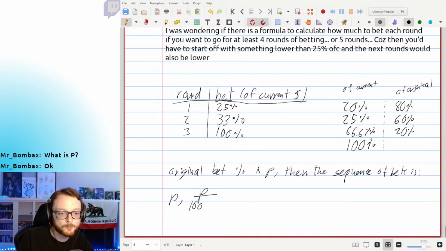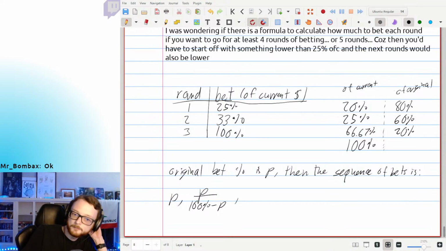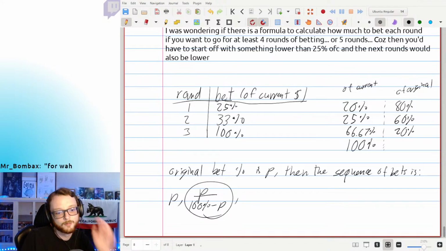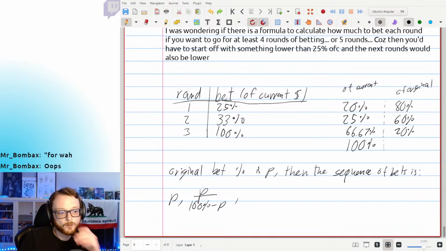P over 100% minus P. And the next one, we would do the same thing, but with this old number, or with whatever number came last.